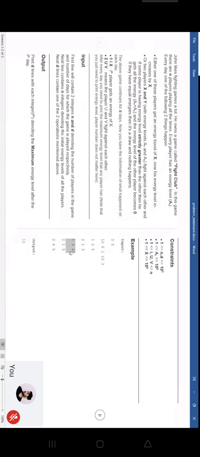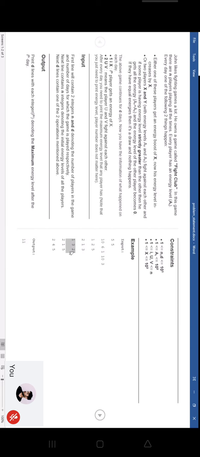Here it is mentioned as 132. When we went through the second operation, the energy level of y had already become 0. Now, when you go through the third day operation, it will be 132. That means the third player will get the energy boost of 2.